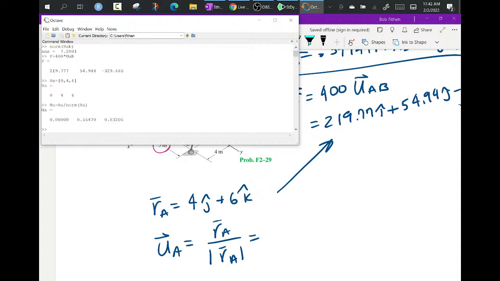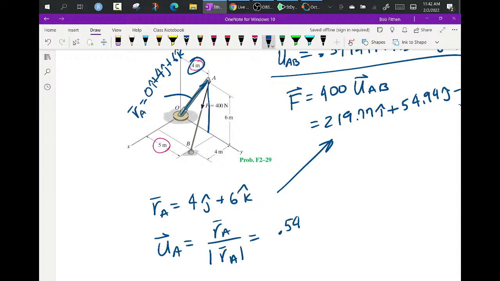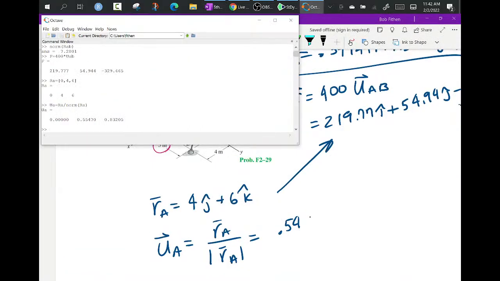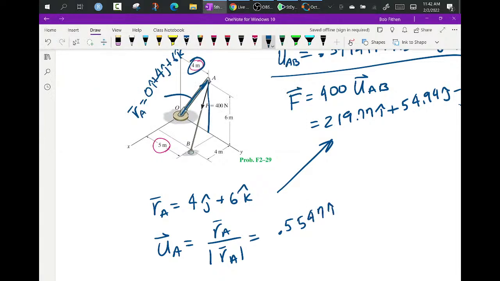It's going to come up to be kind of a funny number. 0.554... Okay, that's good. Here we go. 0.55470 J and 0.83205 K. Okay.